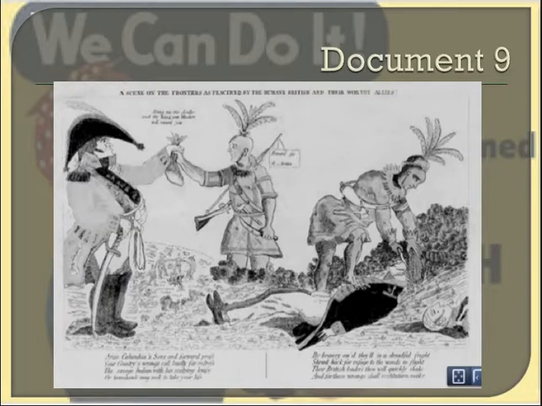If I want to source this, I can do so through historical context, audience, purpose, or point of view. I'm going to do this one through purpose because the historical context in this one is kind of difficult. It can be done by talking about things like Jay's Treaty or the fact that the British wouldn't leave their forts in the western part of the then United States. But I'm going to do purpose. The person drawing this is obviously being anti-British.